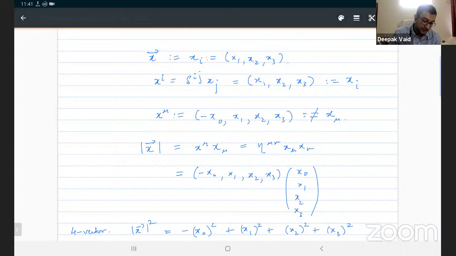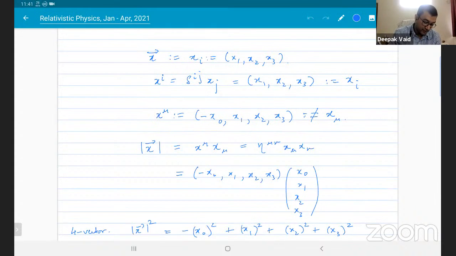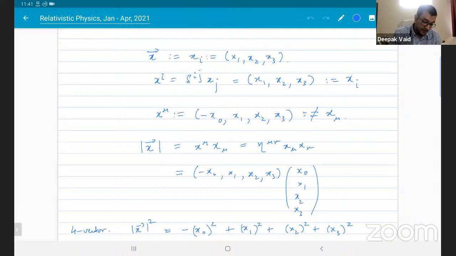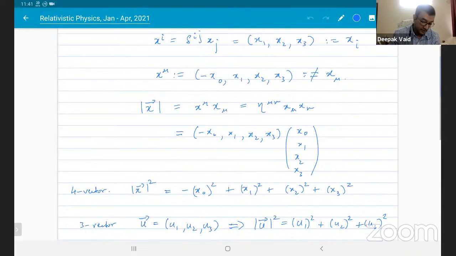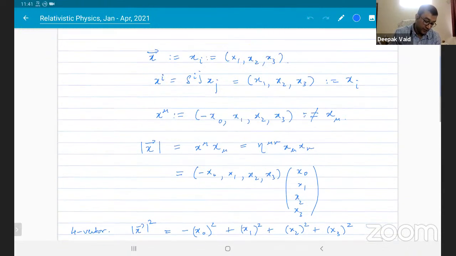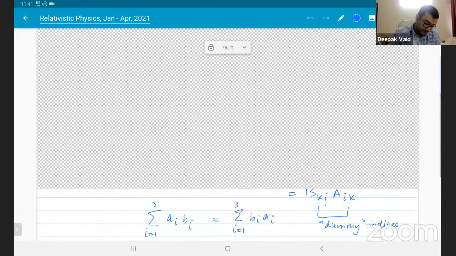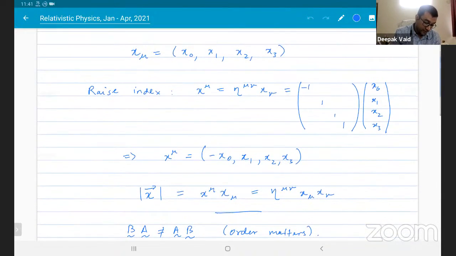And in the 4-dimensional case, when you raise and lower, what happens is that the sign of your time-like component gets changed. So if you write x mu with the index lowered as 0, 1, 2, 3, or if you like, you can just call them A, B, C, D, then when you raise the index, what do you get? You get minus A, B, C.